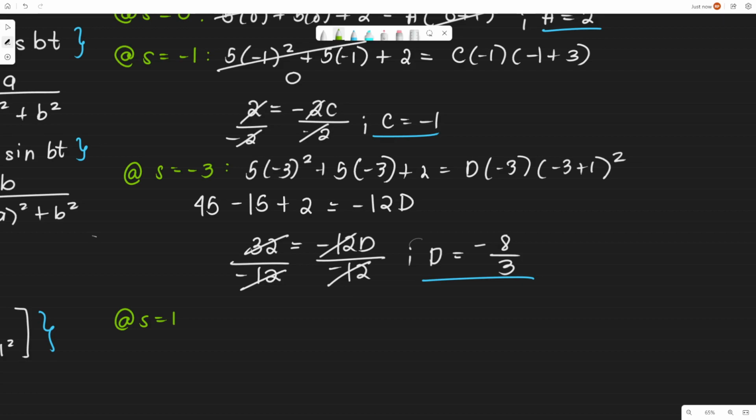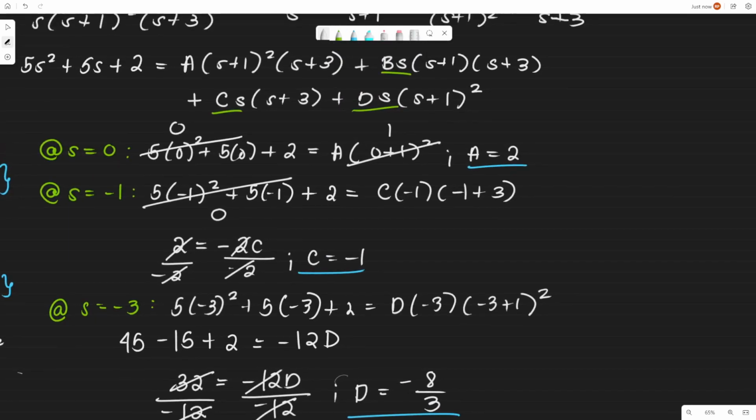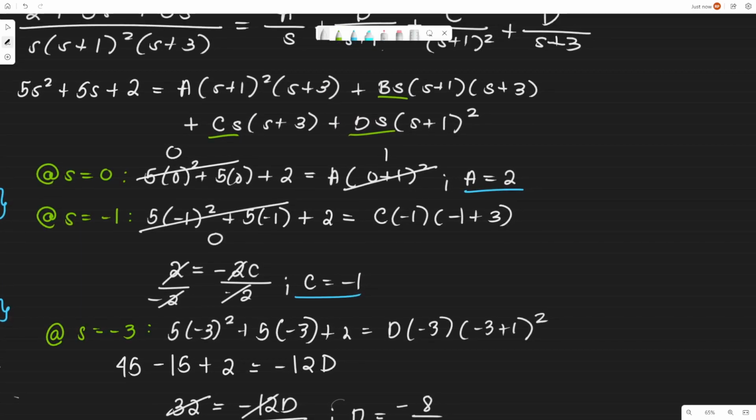Wala namang magzi-0 dito. So, we have here 5 plus 5 kasi 1 na lang naman yon, plus 2. This is equivalent to... kopyahin ko na lang to.